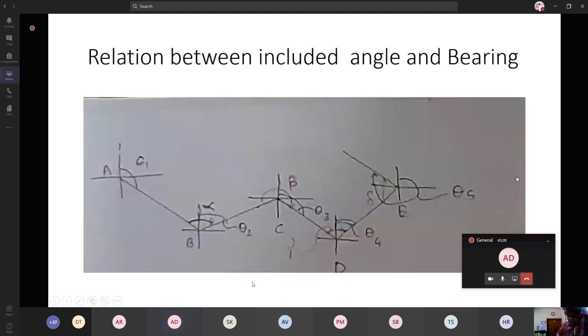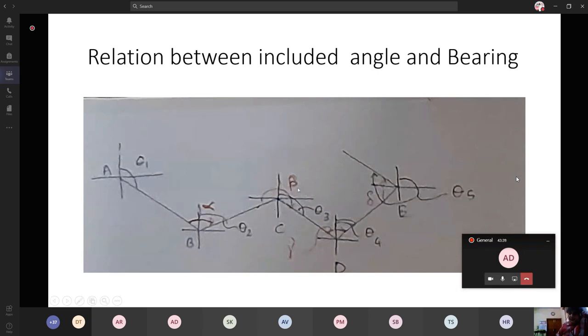See, what is this angle? That is theta 2.